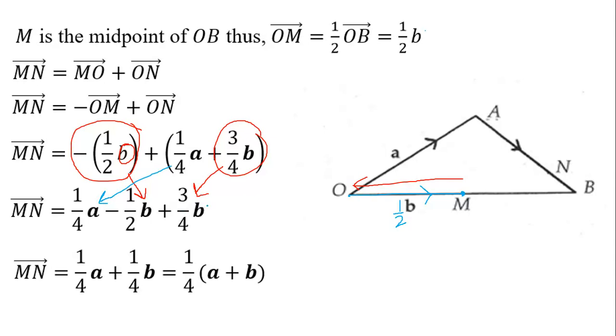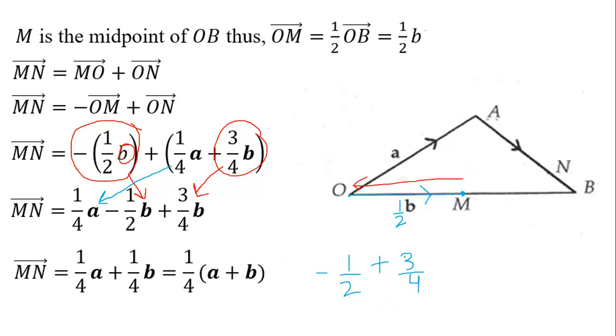So now we have to consider negative a half B plus 3 over 4B, because we can evaluate that since they are like terms. Let us only consider the coefficients. What is negative a half plus 3 over 4? You can put it in your calculator, and you will get 1 over 4.